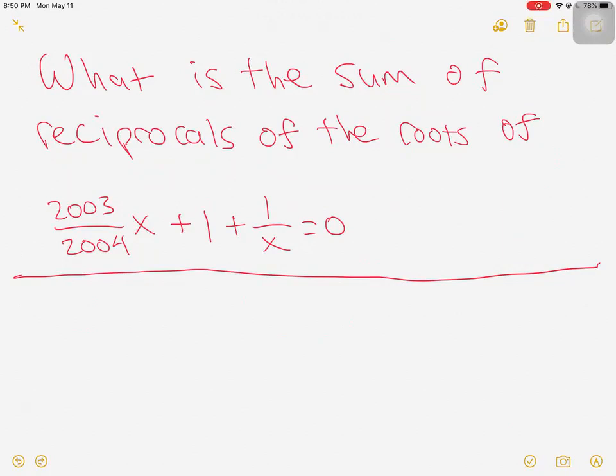At first glance, this equation might not look like a quadratic, but try and manipulate it so it becomes a quadratic. I'll give you guys a few minutes to try this one as well.